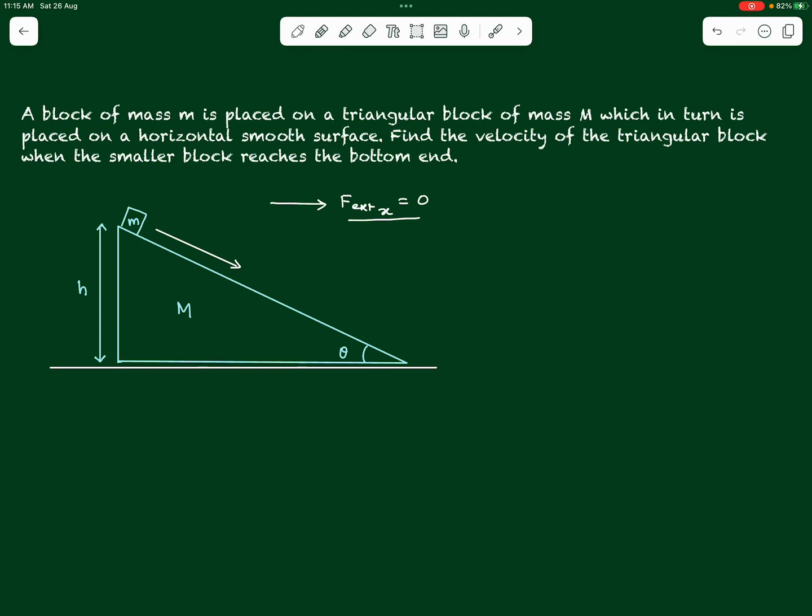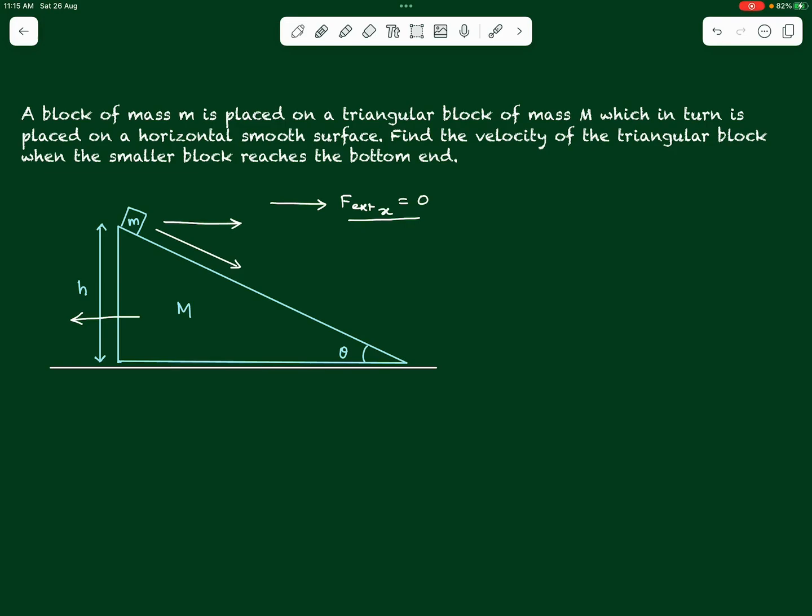So if the center of mass cannot move horizontally, but the small block m is moving along the horizontal towards the right, then to compensate for this rightward shift of the small block, the bigger block will have to shift to the left.